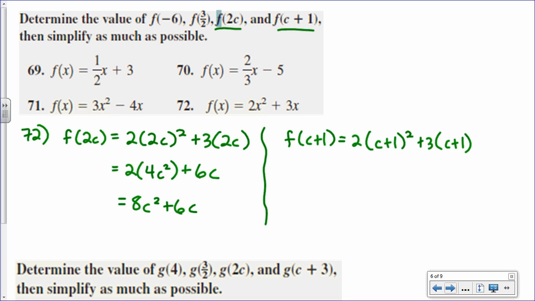So you cannot distribute the 2 here in front. You cannot do this until you have squared this. Okay? So it's a binomial squared. You're adding inside, so you cannot distribute the exponent. Write it twice or use the shortcut. I'm still going to have to multiply 2, so I'm going to keep that trinomial in parentheses.